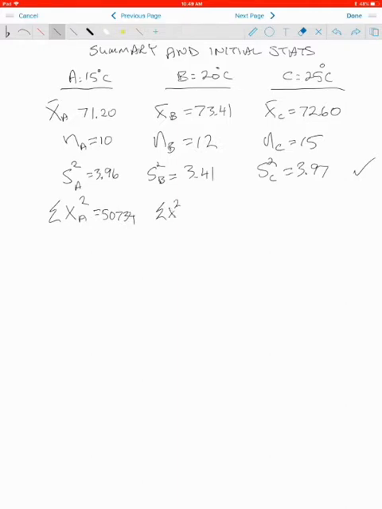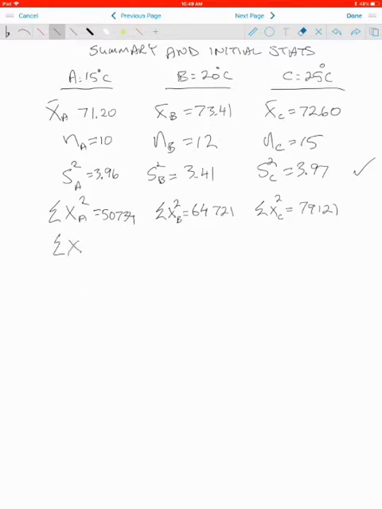For group B, the sum of the x's squared is 64,721, and for group C, the sum of the x's squared was 79,121.